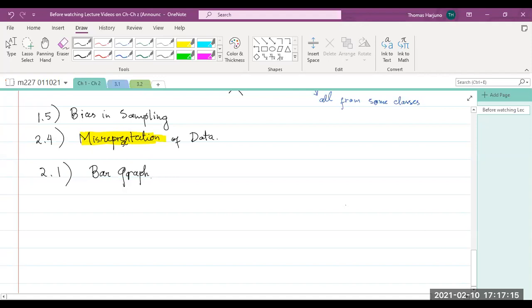There's horizontal bar graph, vertical bar graph, and it doesn't matter. There's another one called Pareto chart. That's quite commonly used. Now take a look also at what a Pareto chart is. A Pareto chart is actually a type of bar graph. Also pie chart.